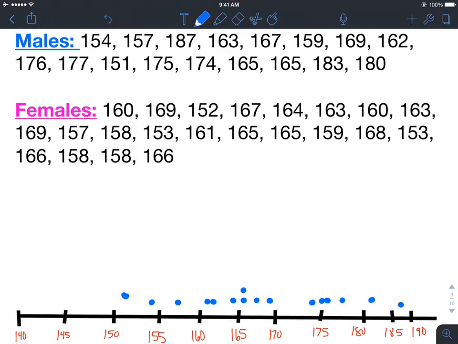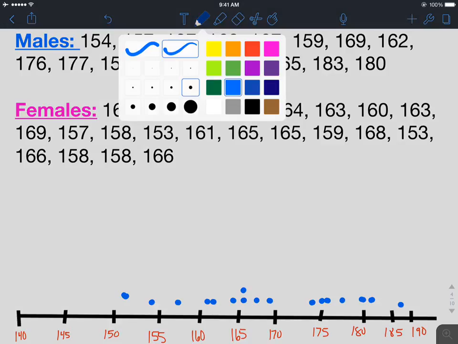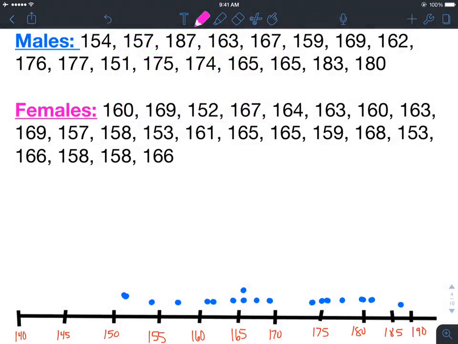And then 183 and 180. And then what I could do is go ahead and plot the females. 160, 169. So I'm actually going to go above.